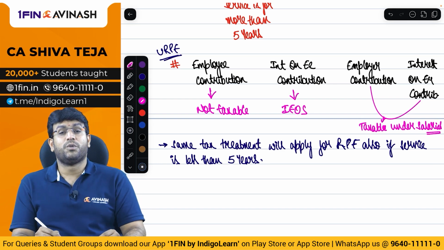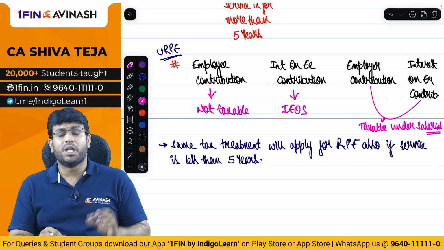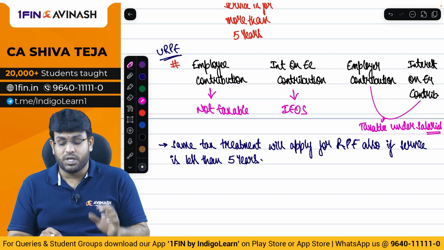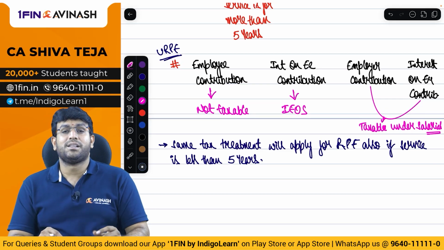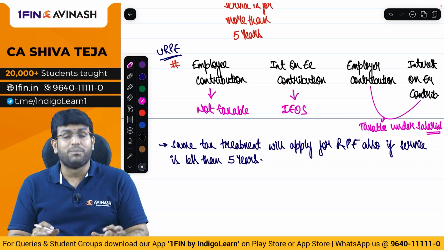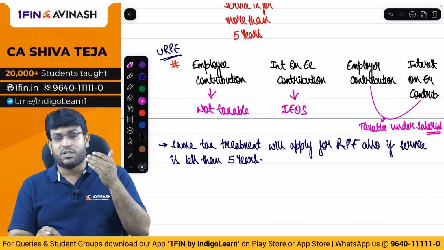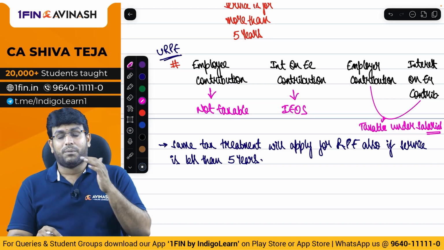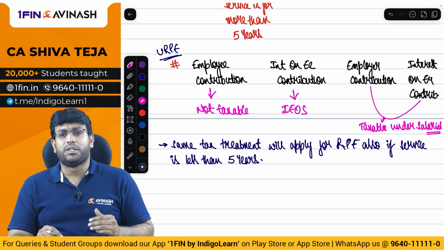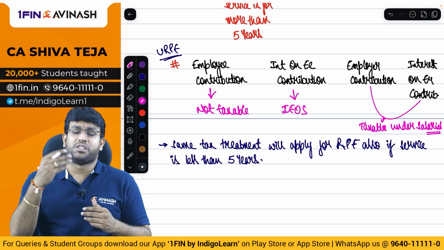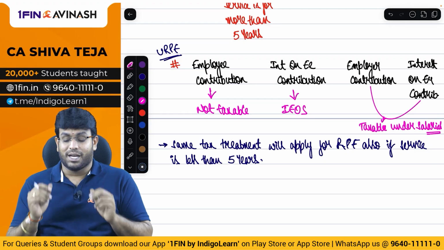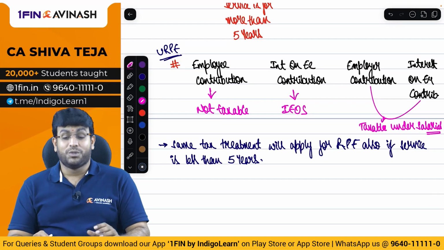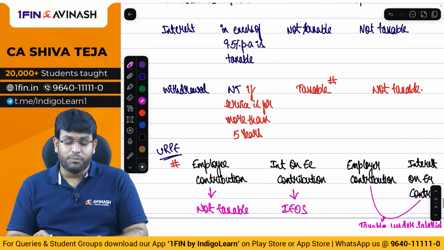Employer contribution and interest on employer contribution, these two are taxable under salaries. Are we getting clarity on this point, my dear friends? So employee contribution is not taxable. Interest on employee contribution will be taxed under income from other sources. Employer contribution and interest on employer contribution is taxable under income from salaries. So that is the story of tax treatment of Provident Fund.